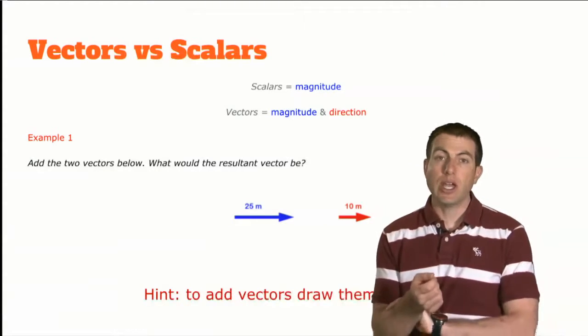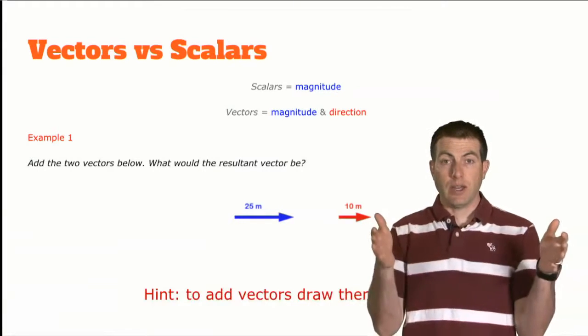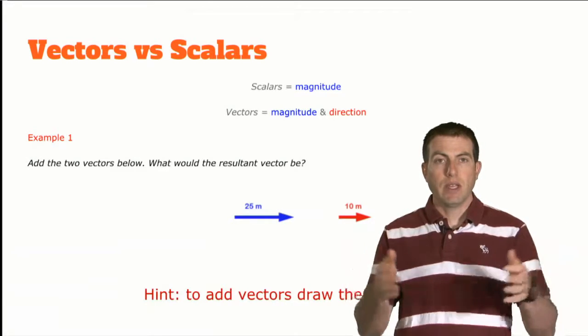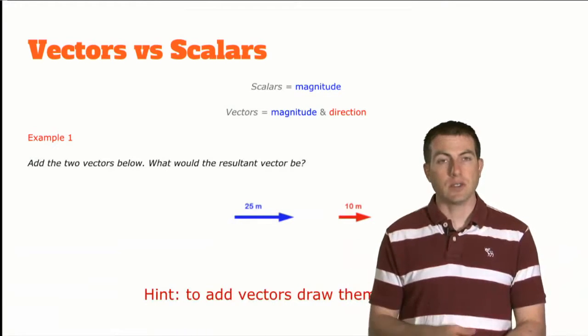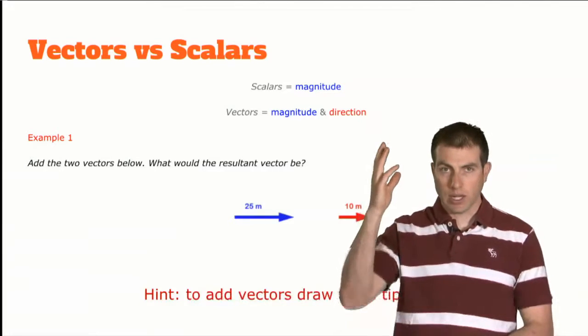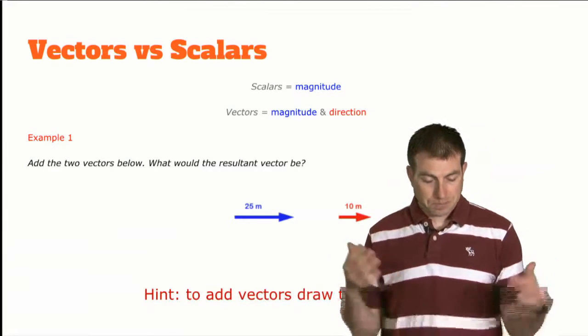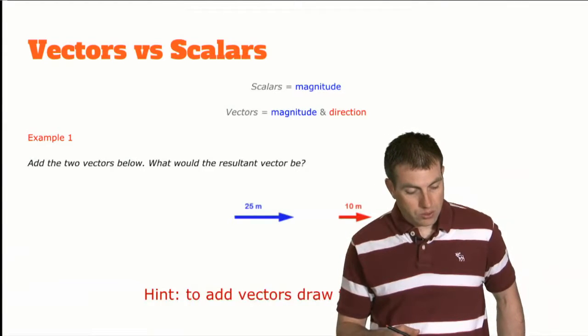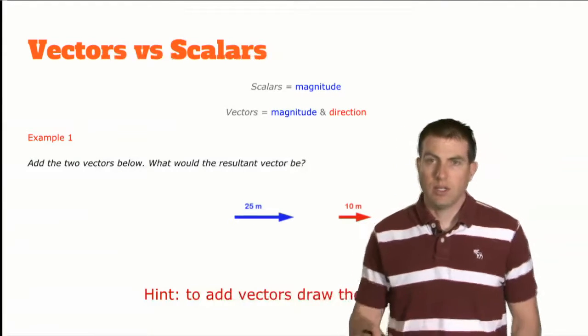Arrows are really great because they have a particular length. The longer the length, the greater the magnitude. And we can indicate direction really easily. We could have an arrow going to the right, to the left, up or down. These are the kinds of things we are going to be dealing with today.